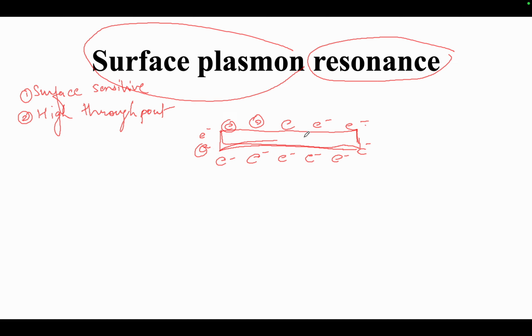So this charge will resonate in the form of waves.